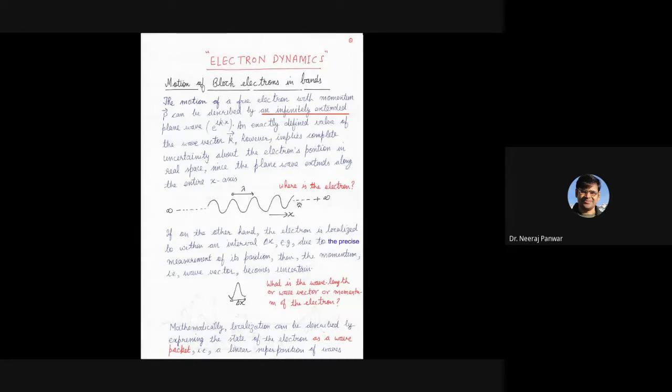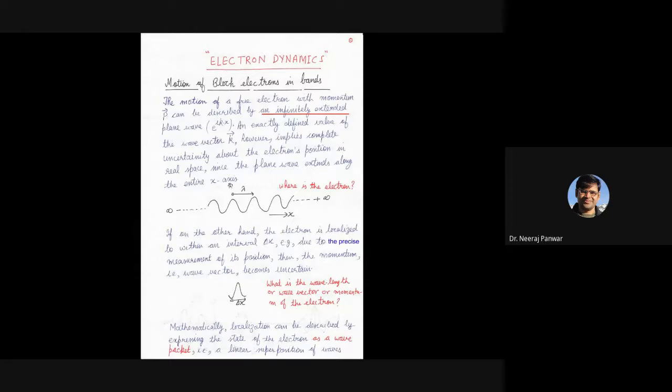So we can very well define the wavelength of a plane wave that extends spatially from minus infinity to plus infinity. And if this wave represents a free electron, then its wavelength is very precisely defined, and the wavelength is related to the wave vector: mod k is equal to 2 pi upon lambda, and the wave vector k is related to momentum.